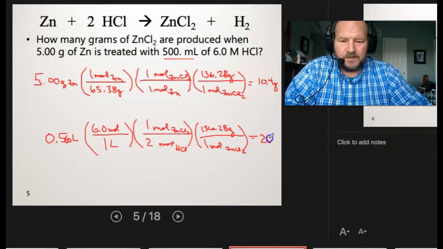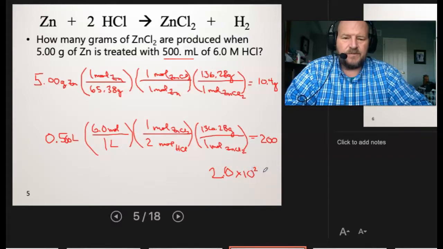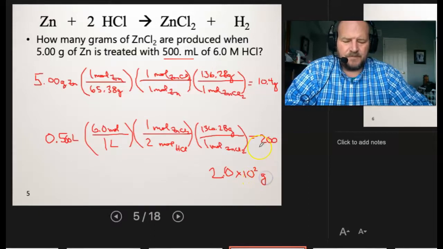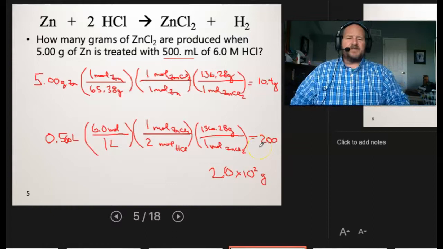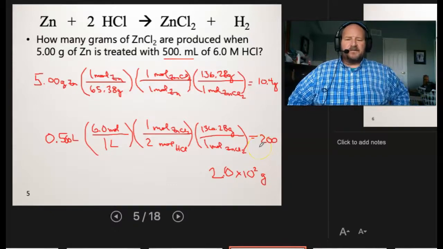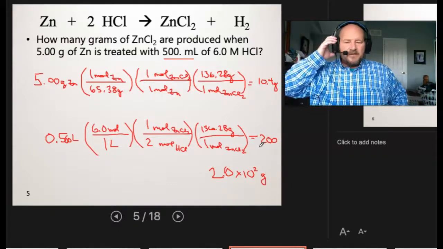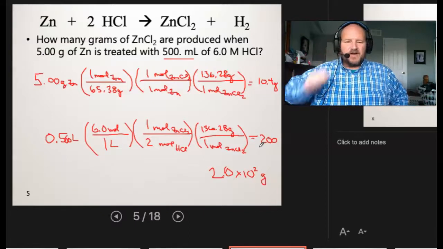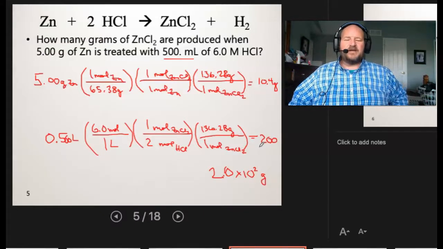So 200 or 2.0 times 10 to the 2 grams. So zinc is our limiting reagent. However, we had to be able to figure out that concentration for our acid, right? We had plenty of acid to get that done.